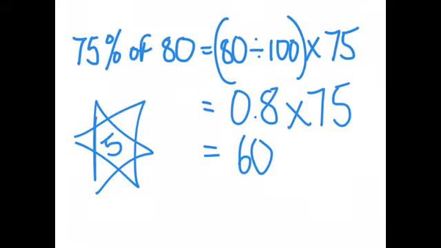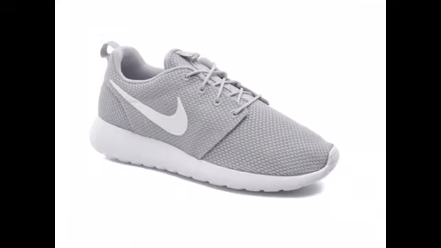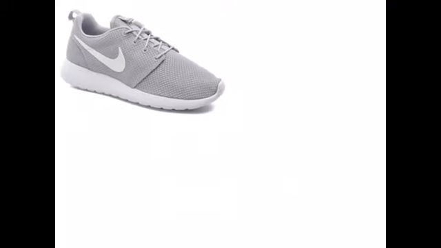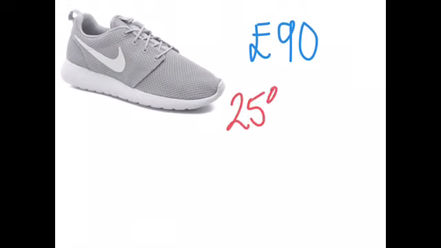5. Awesome. Right, seems like you're all doing so well at this, I just want to try one tricky one, because this is the type of question you'll see in tests. It'll say, right, you've gone shopping and you see some trainers for £90. It then offers you a sale price of, let's say, 25% off.